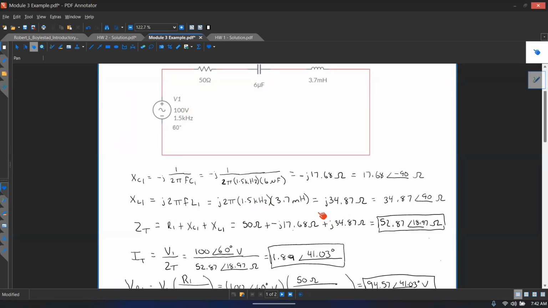And once you calculate that all out, you get J 34.87 ohms. And you want to go ahead and convert it to its polar notation, which is 34.87 with a phase angle of positive 90 degrees. Okay.